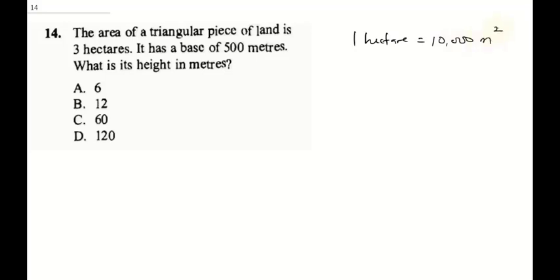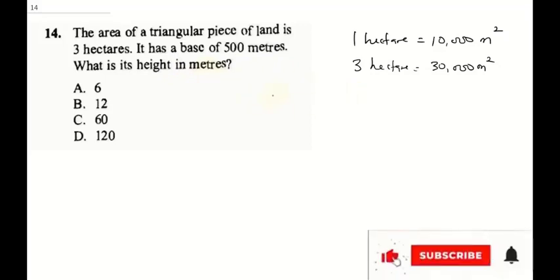Having established this, the area of the triangular piece of land is 3 hectares, therefore that will be 30,000 meters square. Now, it says it has a base of 500 meters. What is its height in meters?